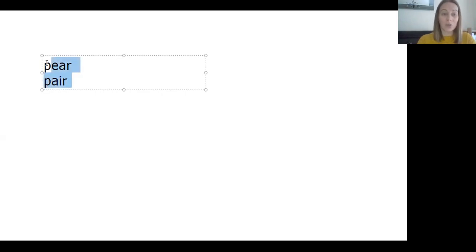Okay, so there are lots and lots of different homophones in the English language, and we are going to be looking at some of the most used ones today.